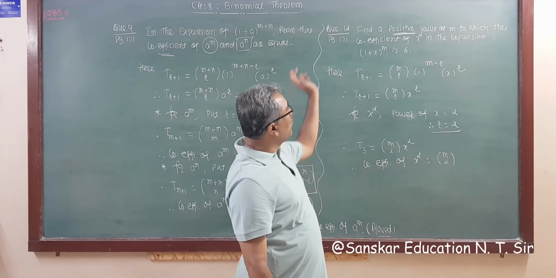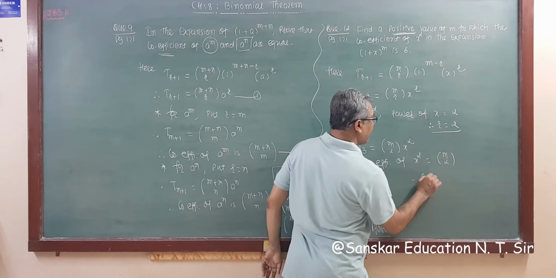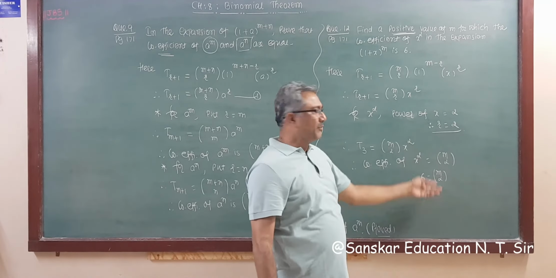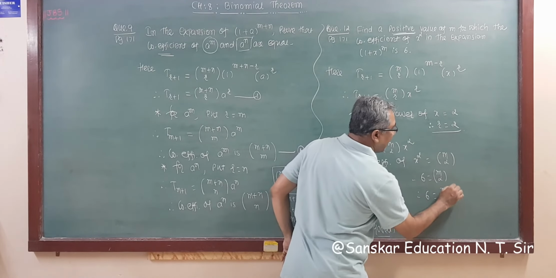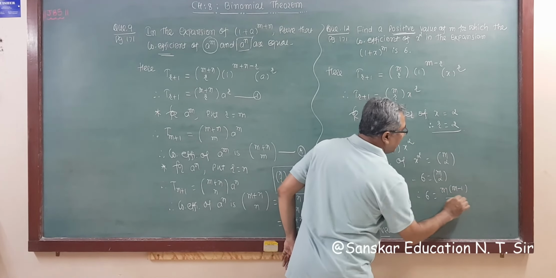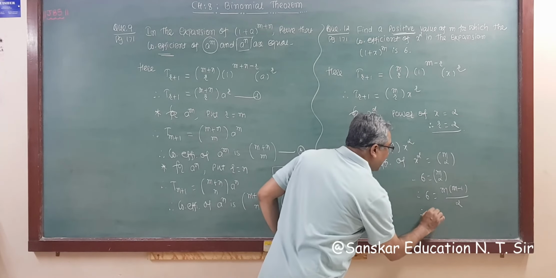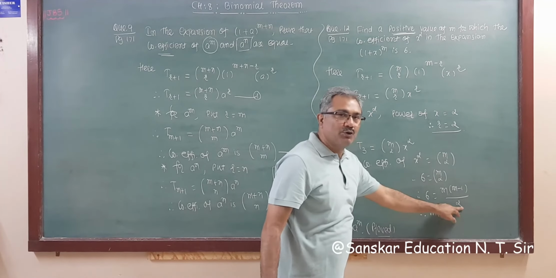But it is given the coefficient is 6, so 6 is equal to mC2. Now mC2 means 6 is equal to m into (m minus 1) divided by 2, that is, we get m(m minus 1) is equal to 6 into 2, which is 12.